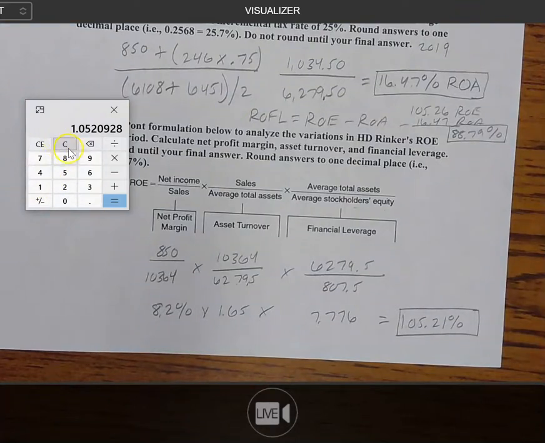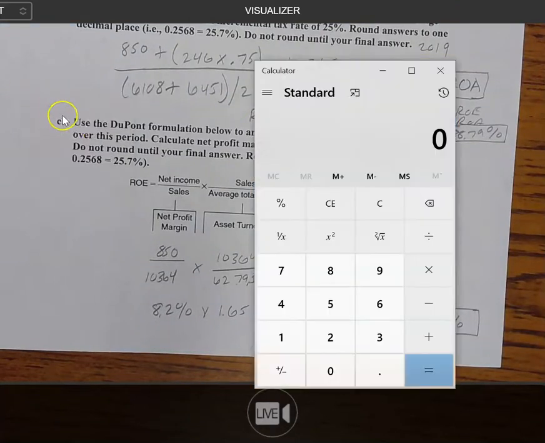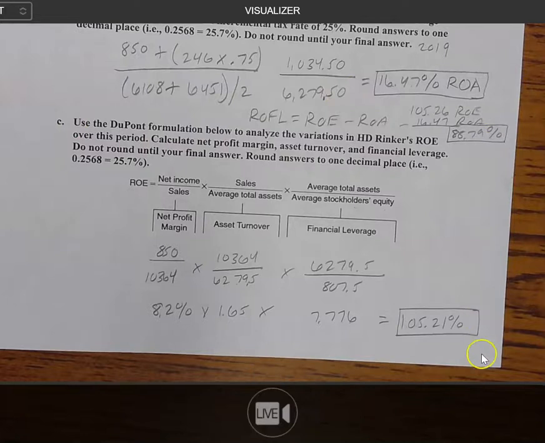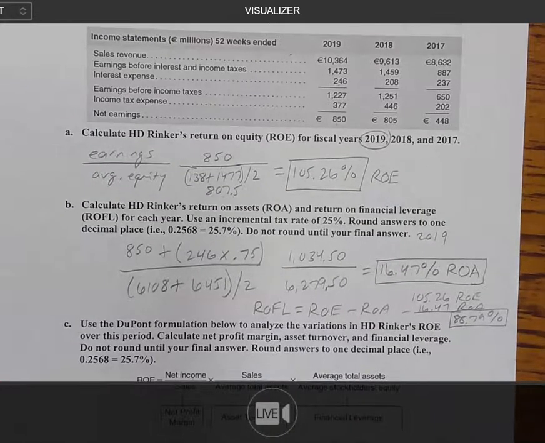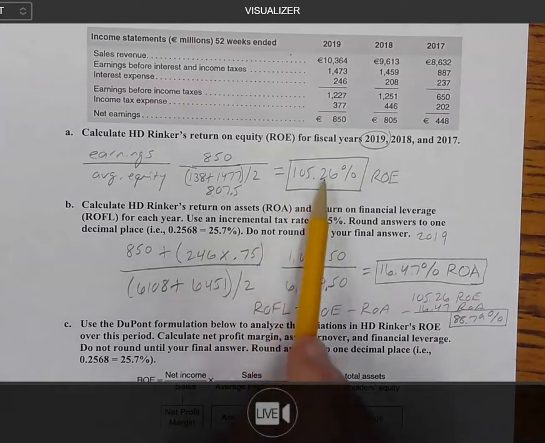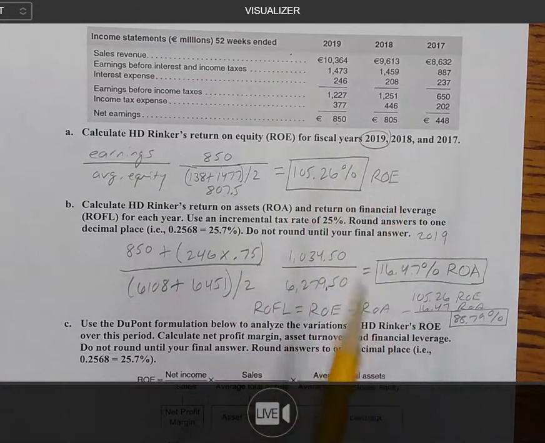So this figure was not exactly the same. 105.21% using the DuPont formula was slightly different than the 105.26% ROE that we calculated in part A. All right, so this video is already very, very long, and so we're going to close this out right now.